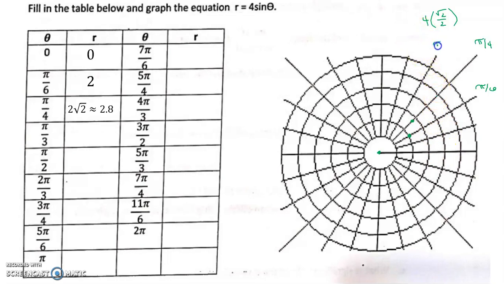Pi over 3. Sine of pi over 3 would have been radical 3 over 2. Multiplying by 4 should have given me 2 radical 3, which is about 3.5. Pi over 2, my sine there would have been 1, so times 4 is 4.